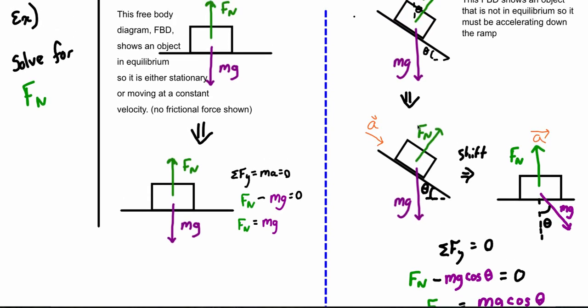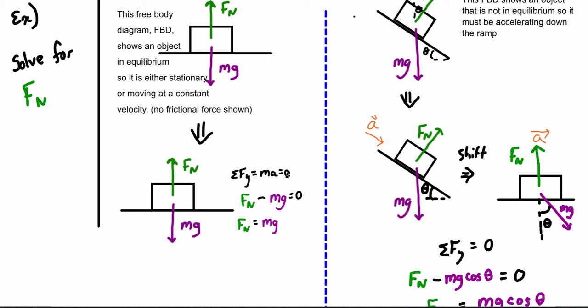Okay, so let's go back to this one, the free body diagram. If I want to solve for my normal force, in this case it is equal to my weight. And you can see that by summing the forces in the y direction, since it's up and down. We set it equal to mass times acceleration. This is Newton's second law.